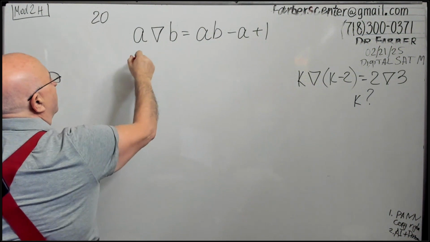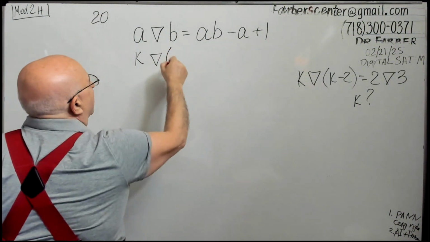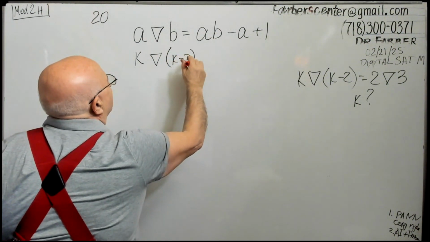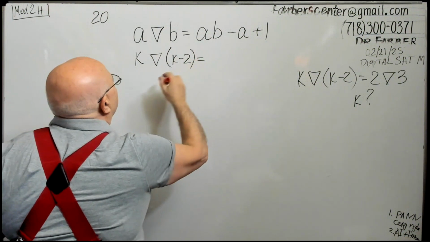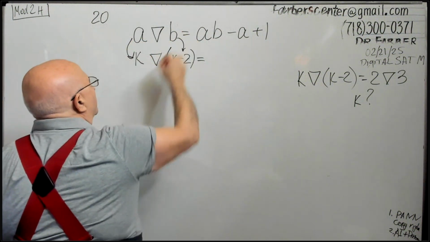K, this symbol, after that K minus 2. According to the symbolism approach, A equals K and B equals K minus 2.